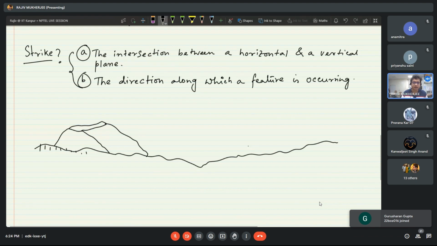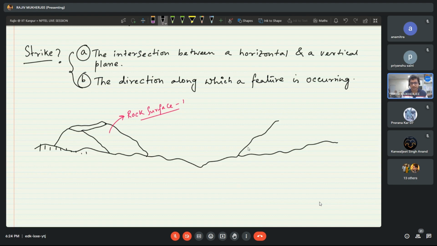And this is the rock surface. So rock surface 1. Similarly, there is another surface. Okay. So this is another surface, rock surface 2.